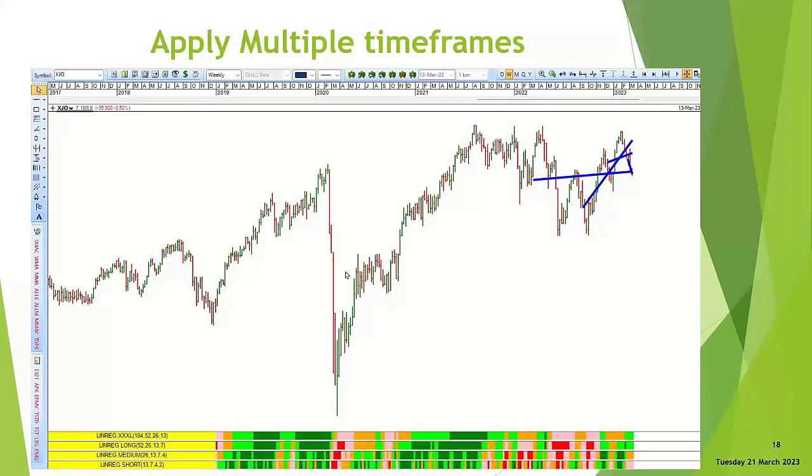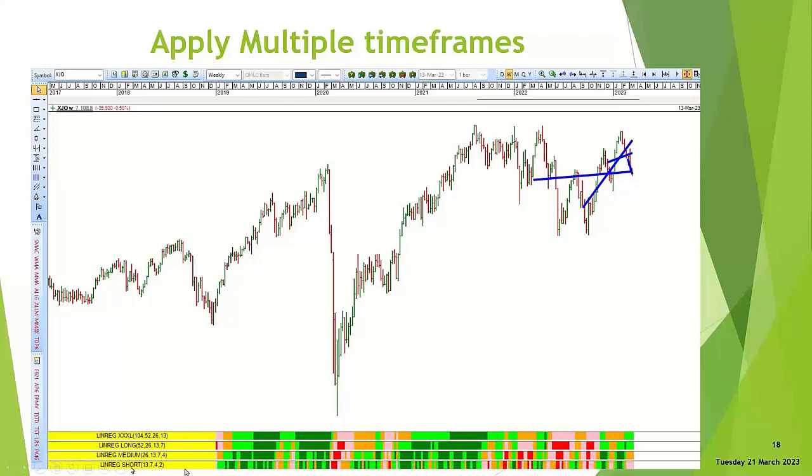But of course, you may want a combination of linear regression lines other than the 52, 26, 13, and 7. You can choose whichever linear regression lines you want. If you're looking longer term, you may want to use longer linear regression lines.